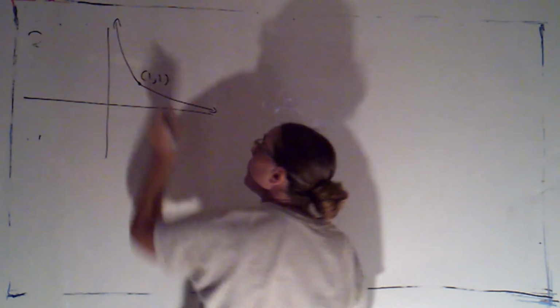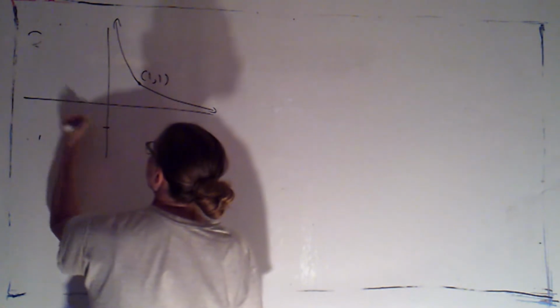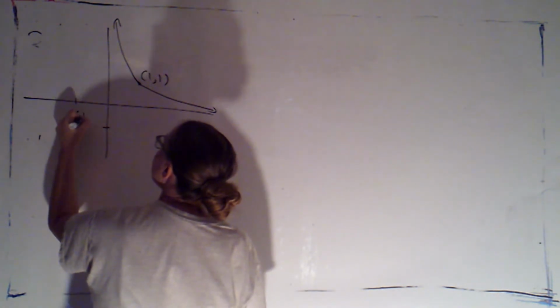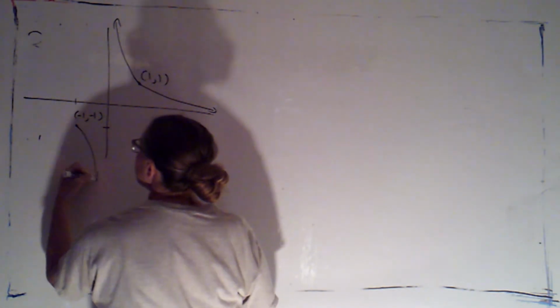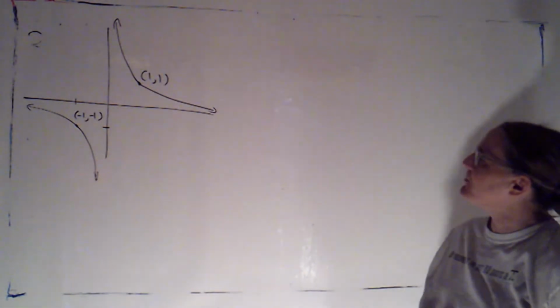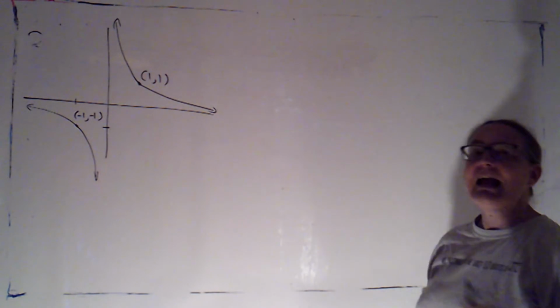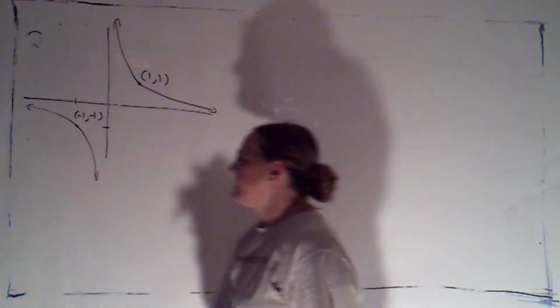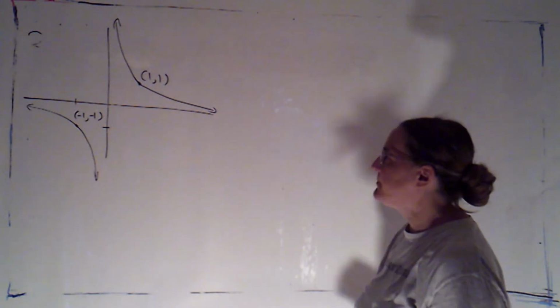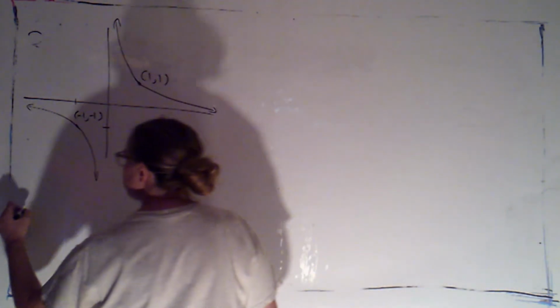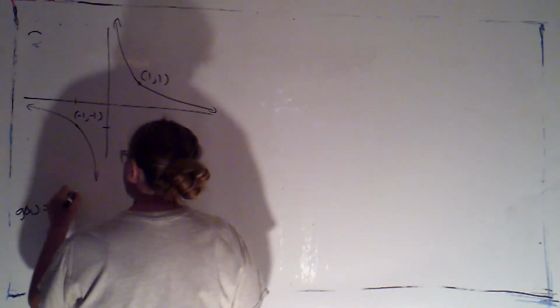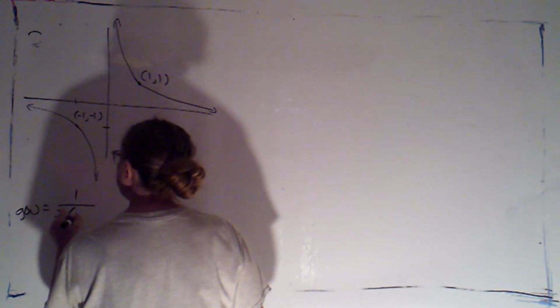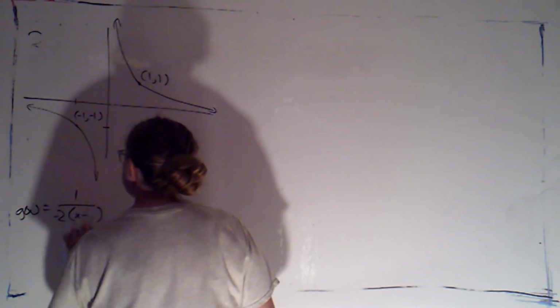So we've got the point 1, 1, since the reciprocal of 1 is 1, and the point -1, -1, since the reciprocal of -1 is -1. Okay, so that's our parent function, and it has a horizontal asymptote on the x-axis and a vertical asymptote on the y-axis.